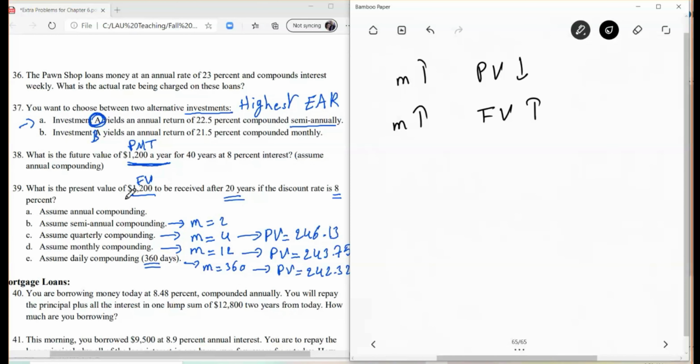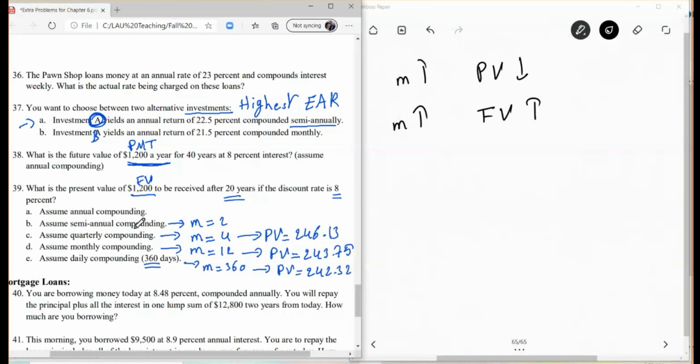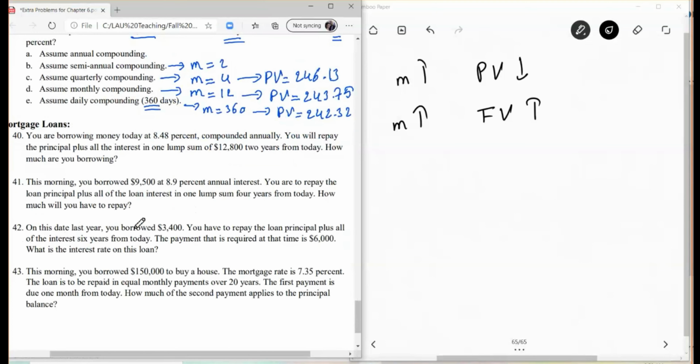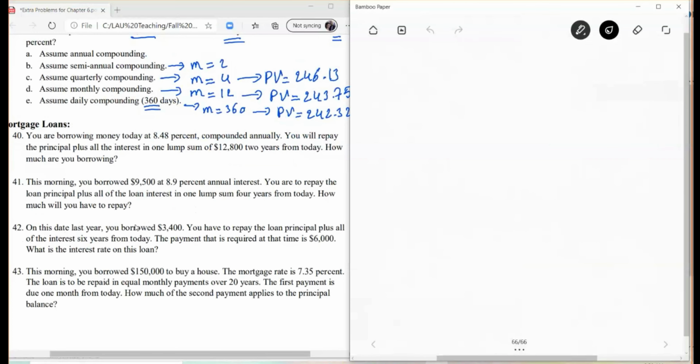Now for the last part, I have amortized loans. So for number 40, you are borrowing money today at 8.48% compounded annually. So 8.48%, this is I/Y.